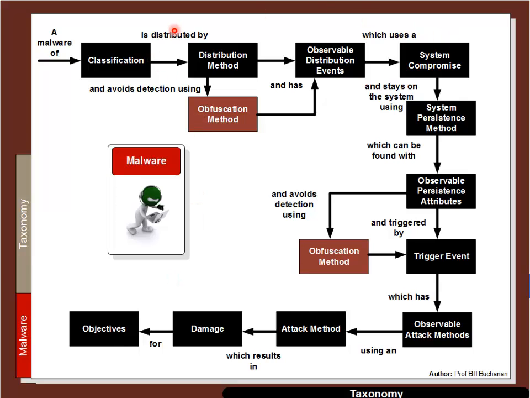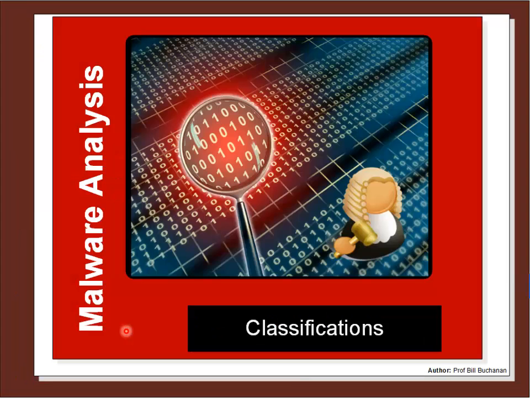Okay, so here we can see there's a classification, we have some distribution method, we have some way where it stays persistent on the machine, it has some trigger, it then has some attack, it does some damage, and there is usually some reason behind the malware in the first place.